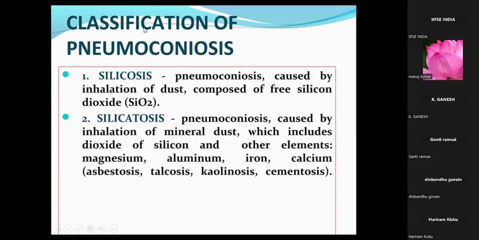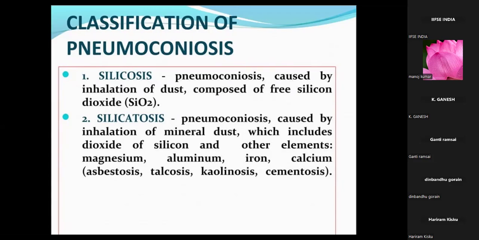So now, the classification of pneumoconiosis. How do we classify this? One is silicosis. Silica is sand. So silicosis is pneumoconiosis caused by inhalation of dust composed of free silicon dioxide, SiO2. This is the pure sand form.